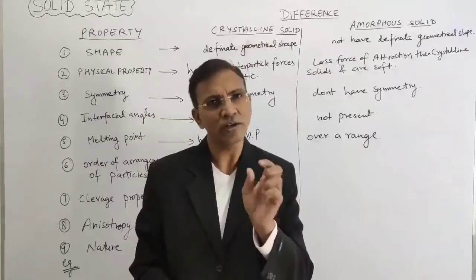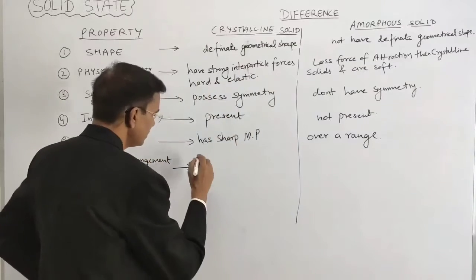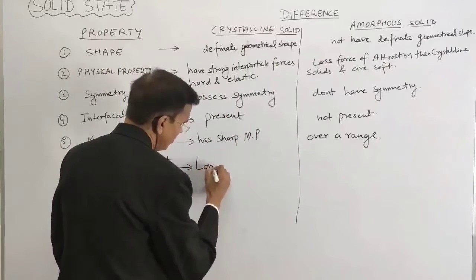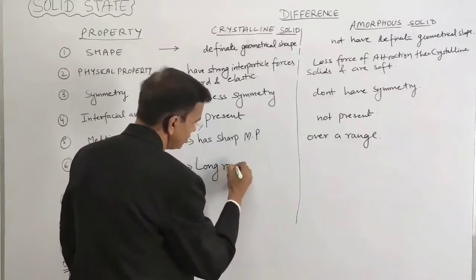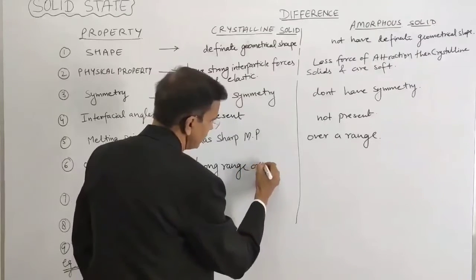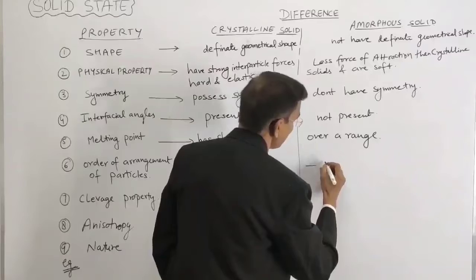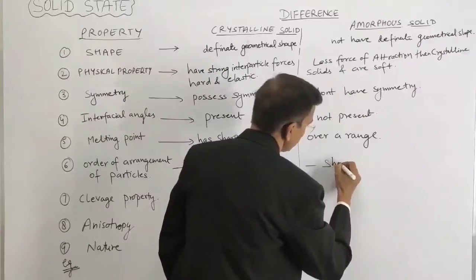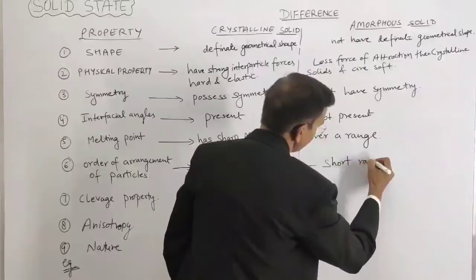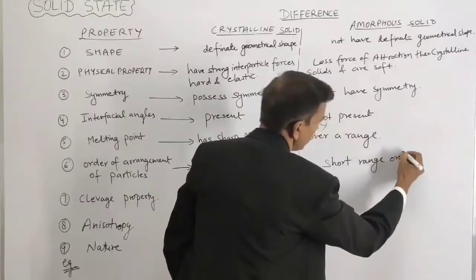That's why short range order. So crystalline has long range order, while amorphous has short range order.